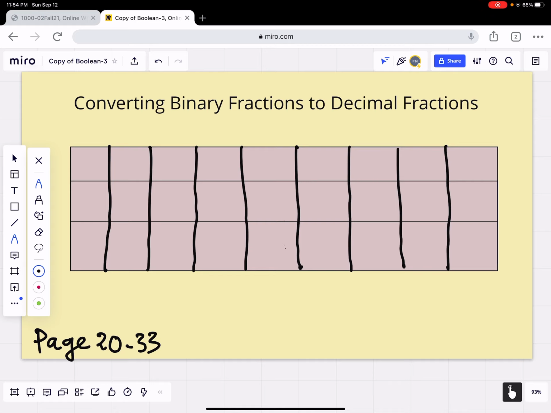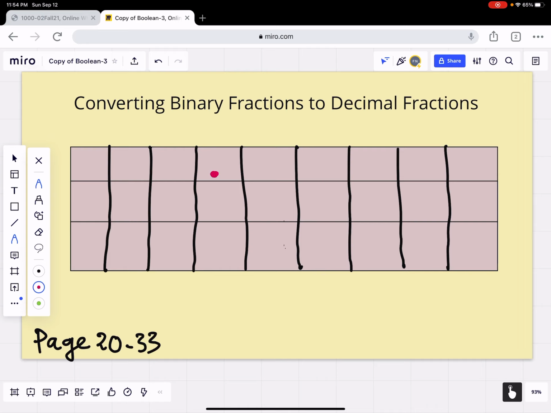Just like a decimal fraction, a fraction has the whole part and the fractional part. The fractional part we call mantissa, and they are separated by the binary point. So I'm gonna write down here a binary point. Let's say this number right here.